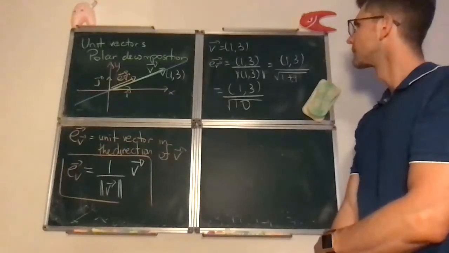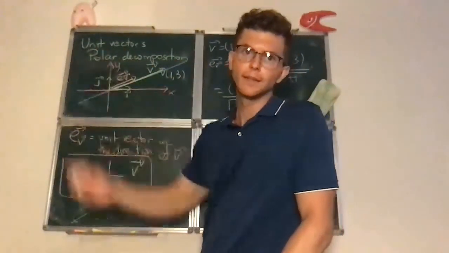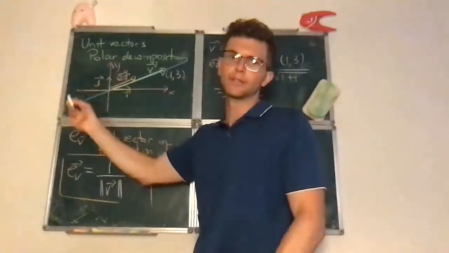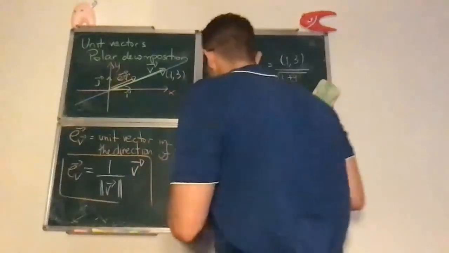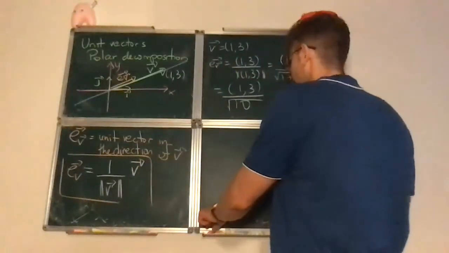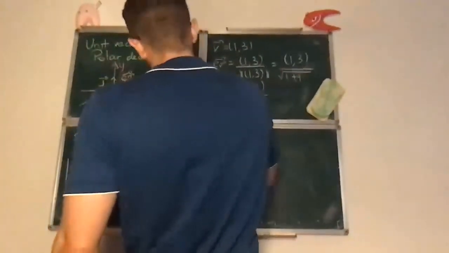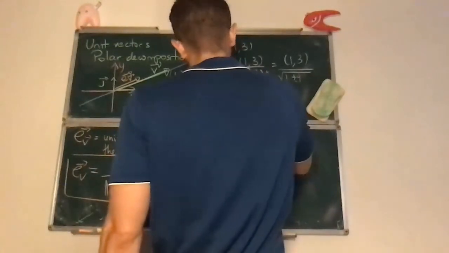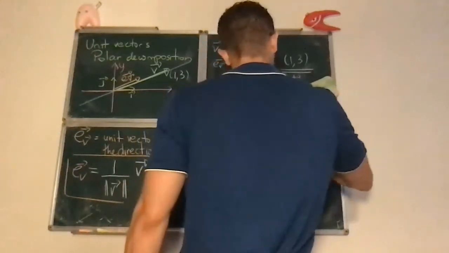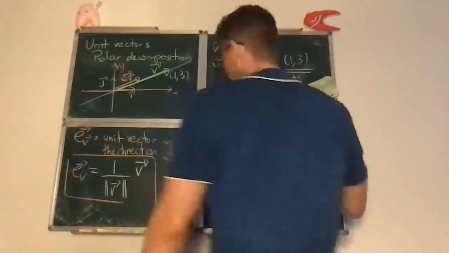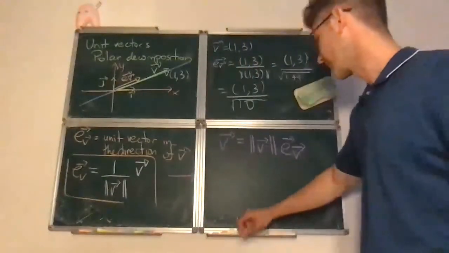Okay, so this is what a unit vector means. It's the same definition if the vector is not in the xy plane, but rather in xyz space. Now, what's another way that you can think about this formula? You can just write v equals the norm of v times e sub v, since the norm is a number, so you can multiply both sides of the equation by the norm of v.